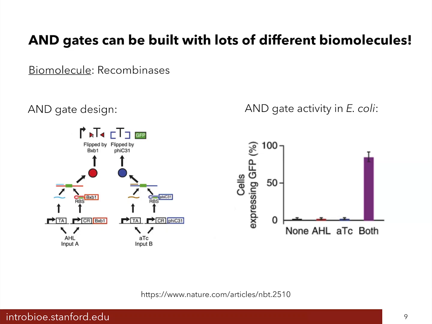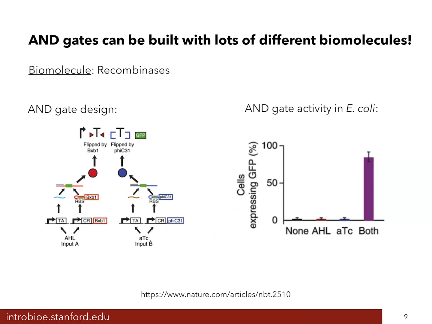So BXB1 will invert this terminator sequence and essentially allow the RNA polymerase to progress to GFP, or at least it would progress to GFP, except that this design has two terminators in it. The second terminator is flanked by recognition sequences for a different recombinase called Phi-C31.